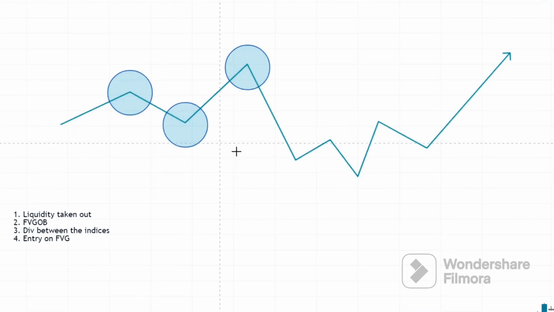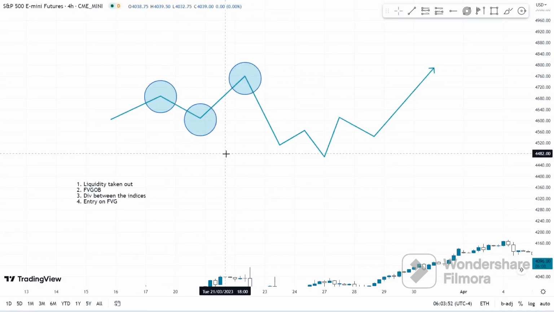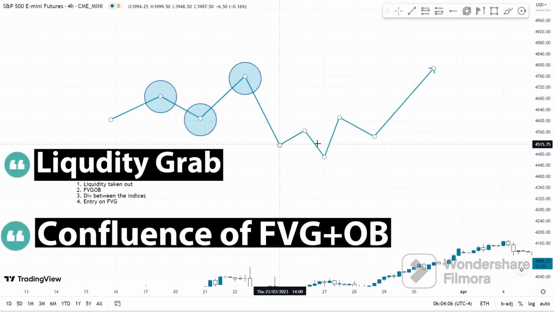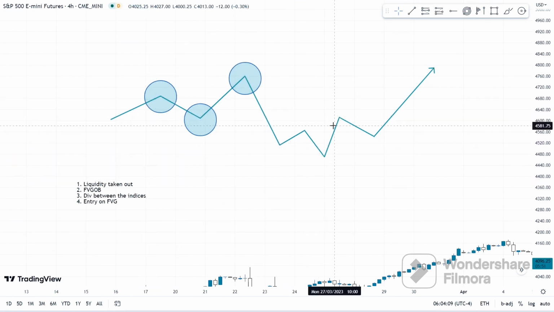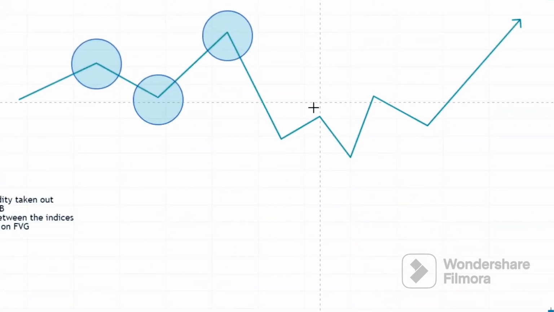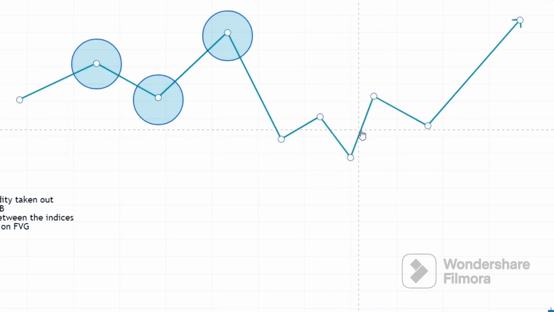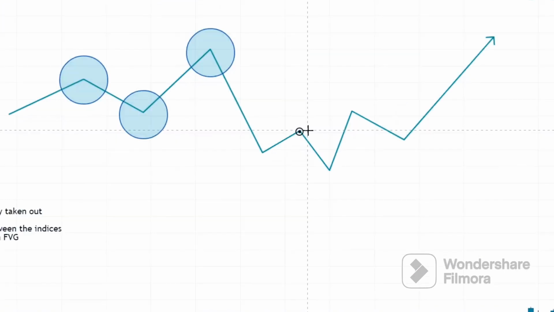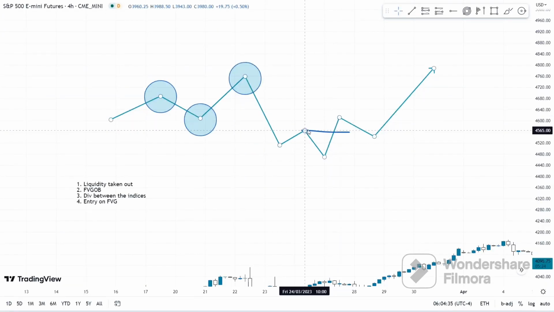So far, we have created 2 important factors for our strategy: liquidity taken out, or liquidity grab in the ICT terms, and FVG order block confluence, step 1 and step 2. Now we look for buy position. How's that done? We can zoom in and look for a shift in market structure. Where's that? It is right here.